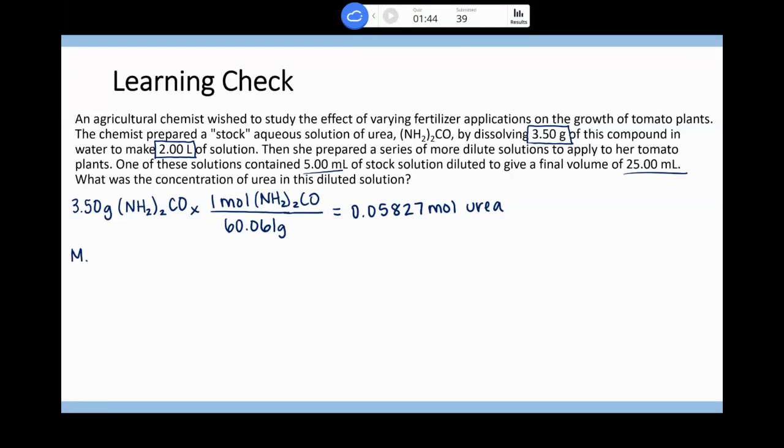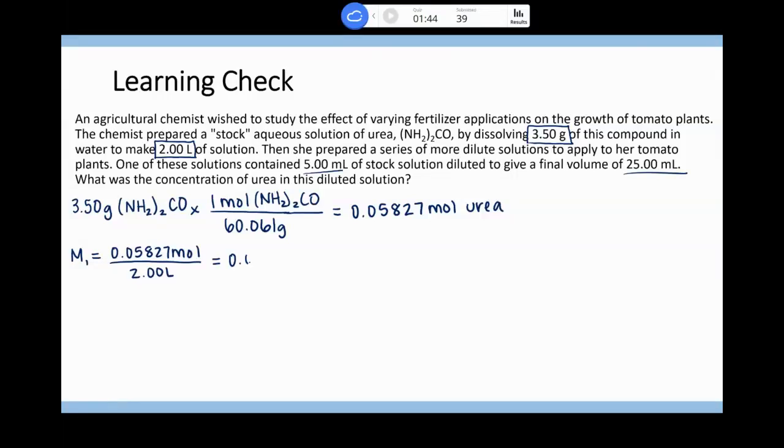So now we can calculate molarity. This is our stock solution, so we're going to label this as M1. This is what we're diluting. M1 is the moles of urea divided by total volume, which is 2.00 liters.